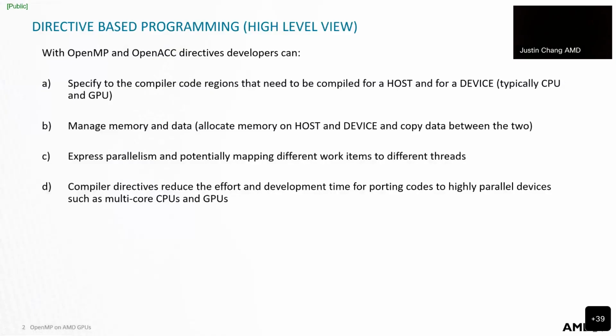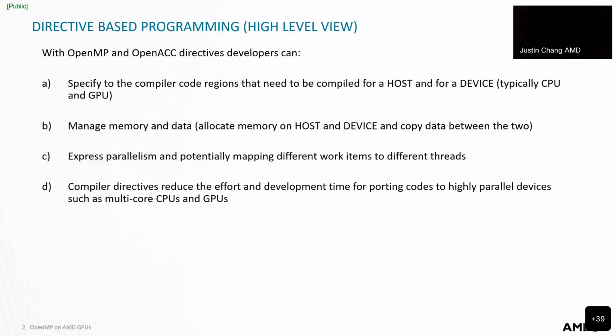But first of all, let me just recap what I mean by directive-based programming at a high level. So with OpenMP and OpenACC directives, developers can specify to the compiler code regions that need to be compiled for a host and for a device, typically CPU, GPU. Most of this is probably covered earlier today.